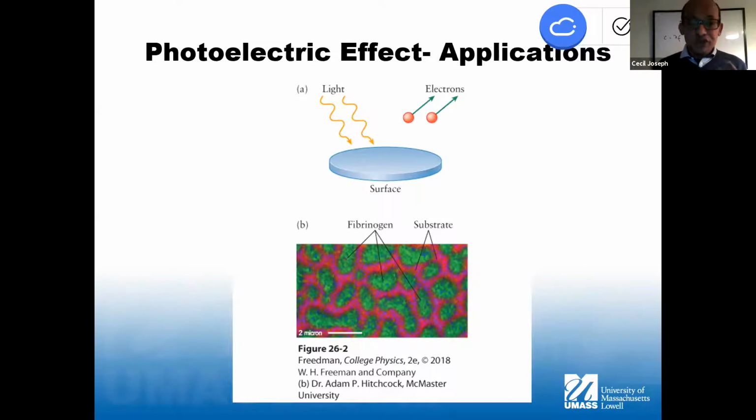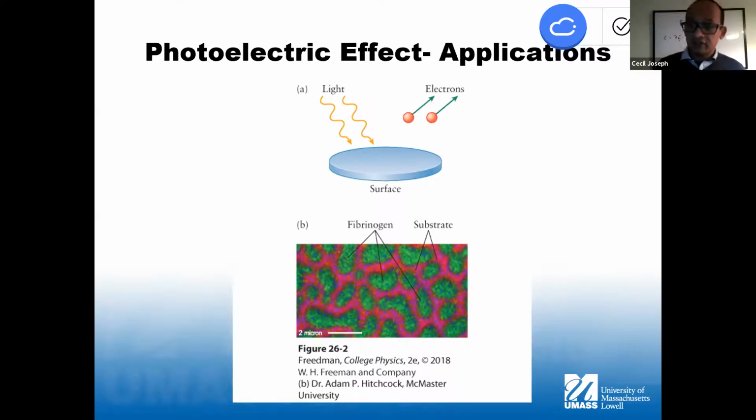Essentially, you're hitting the substrate and the fibrinogen with light, and they eject different amounts of electrons for the same incident light. So your contrast is generated from the fact that one is ejecting more electrons than the other. That's how you can generate contrast.